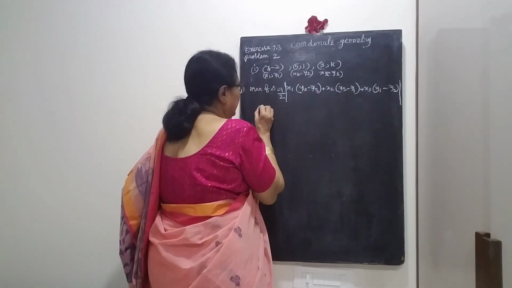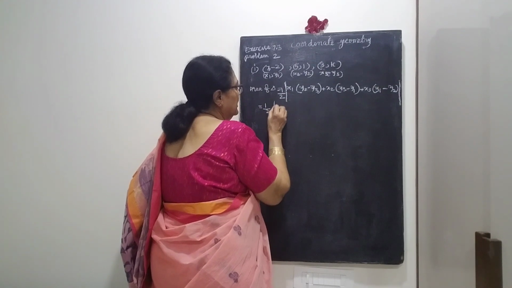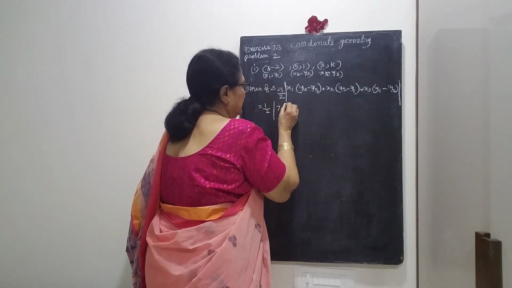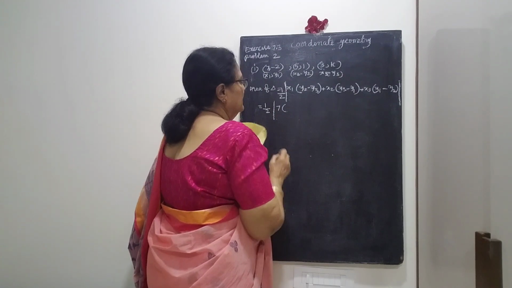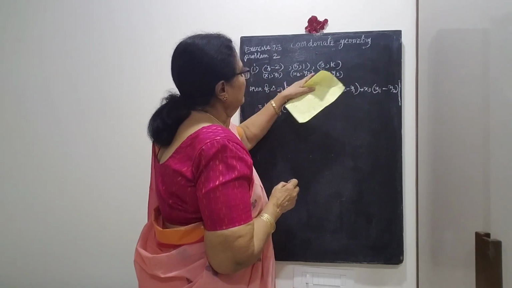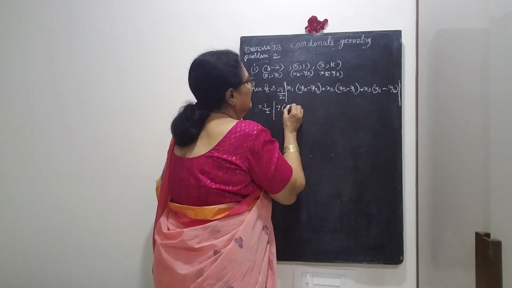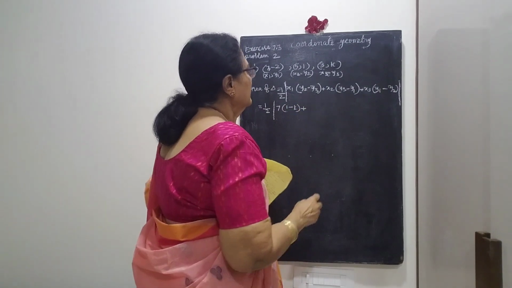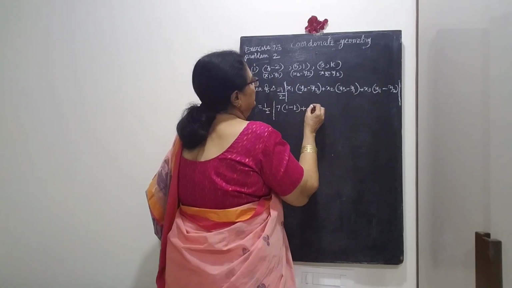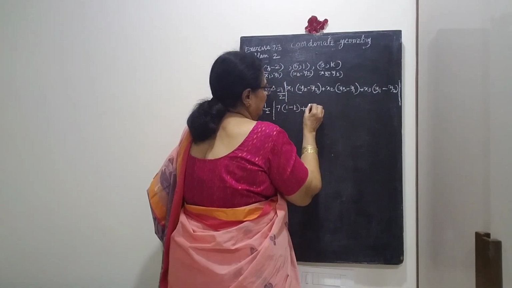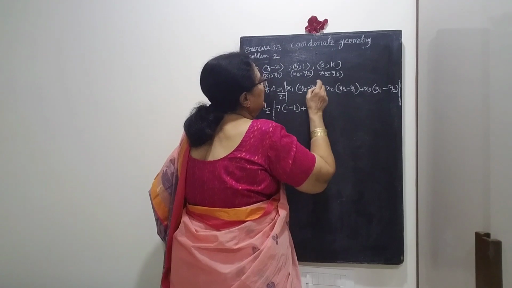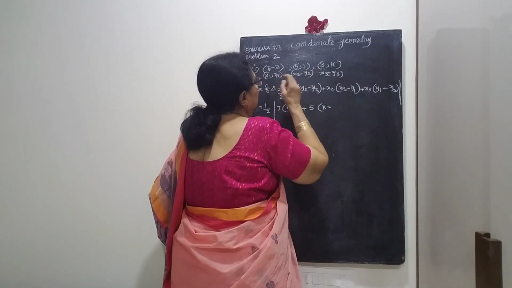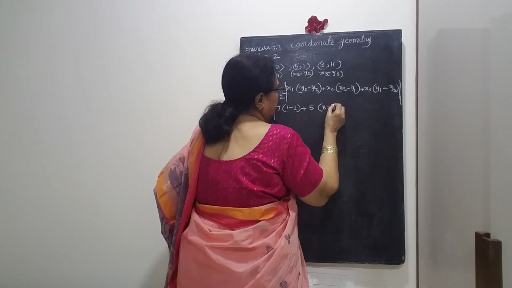So this can be written as half into, what is x1? x1 is 7 into y2 minus y3, that is 1 minus k, plus x2 is how much? 5, into y3 minus y1, k minus y1, which is minus 2.